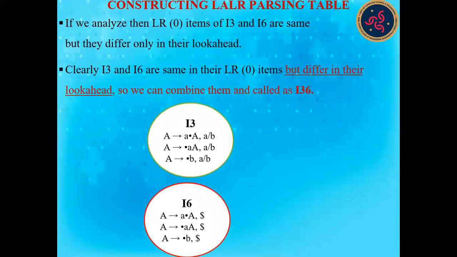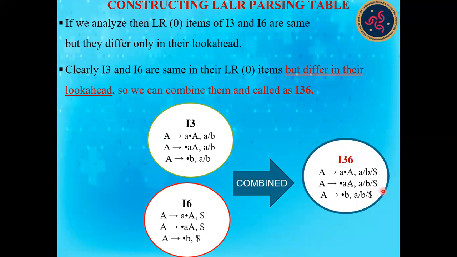I3 has these productions and I6 has the same productions, but the only difference is in the look ahead symbols. Here the look ahead symbol is A or B, but in the other it is the dollar symbol. So we can combine these two states and call them state I36, and the look ahead symbols can also be combined, that is A or B or dollar symbol.